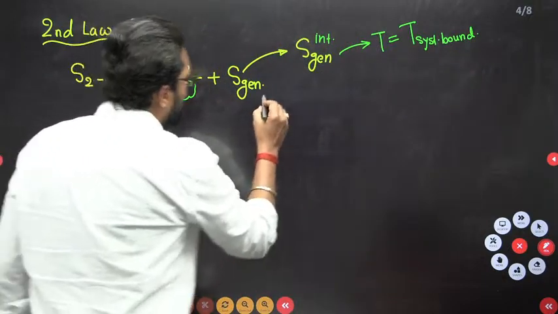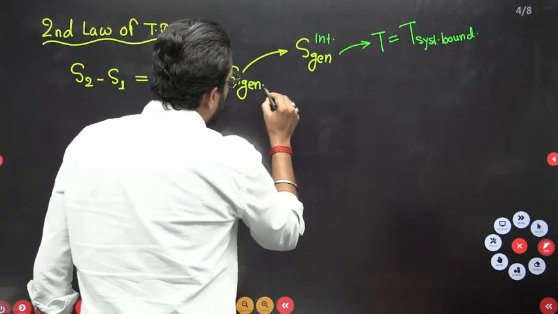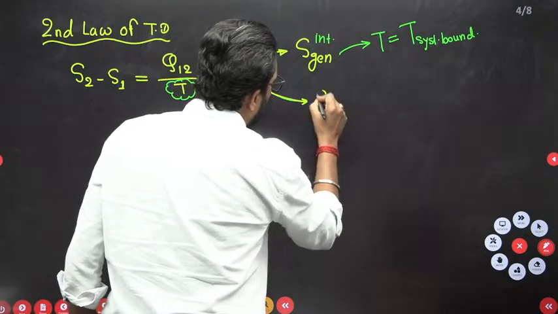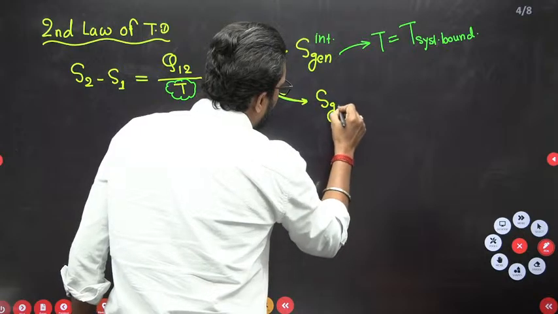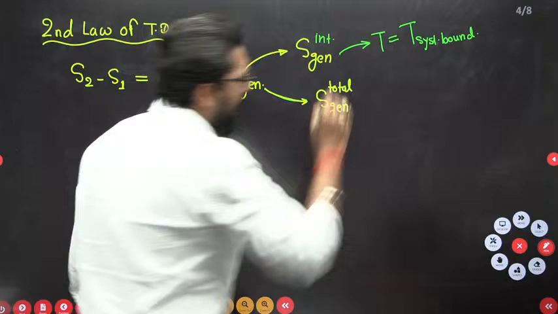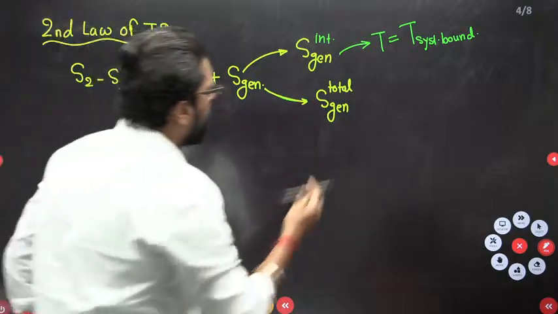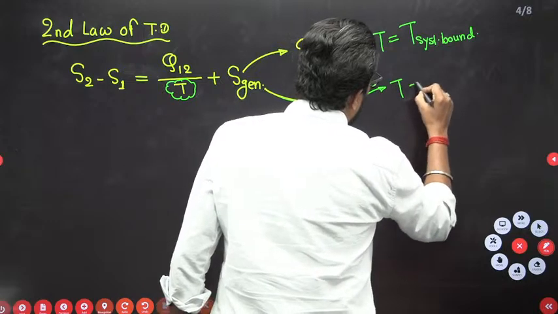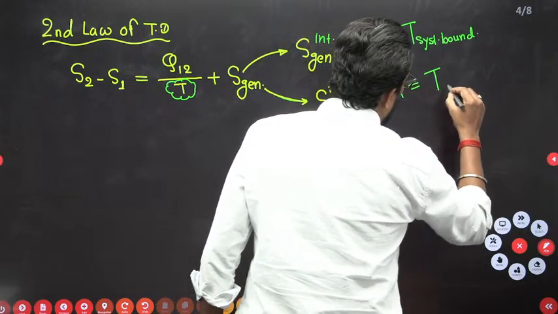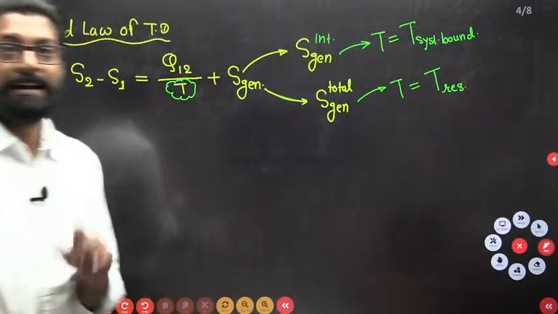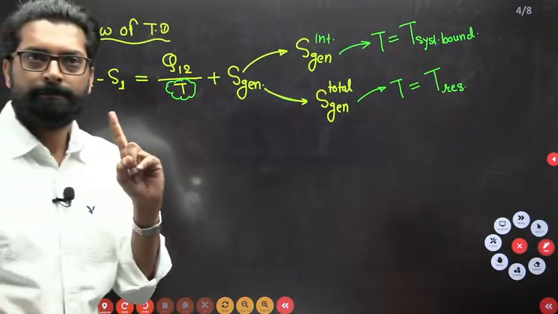If you find entropy generation total, S generation total, the temperature is the temperature of the reservoir. That is the main thing.